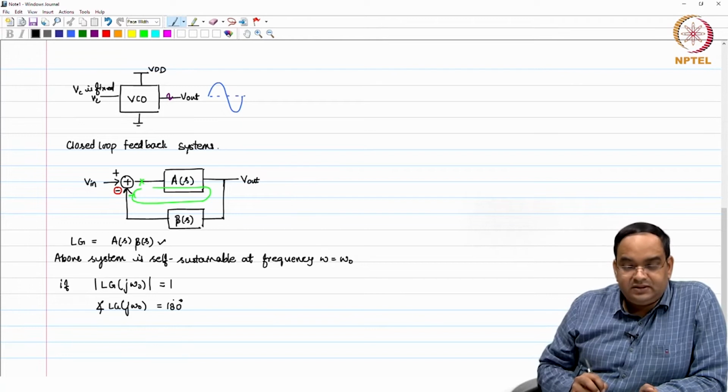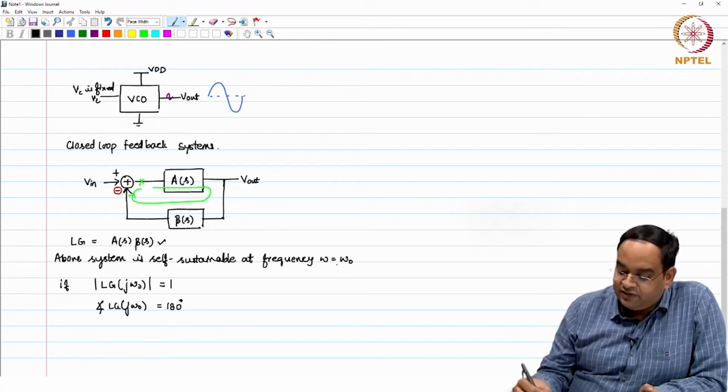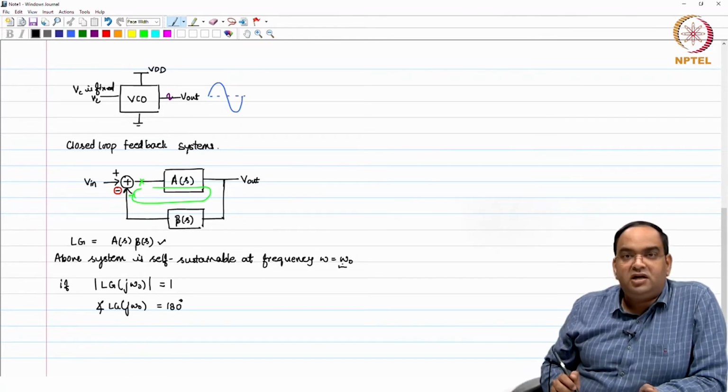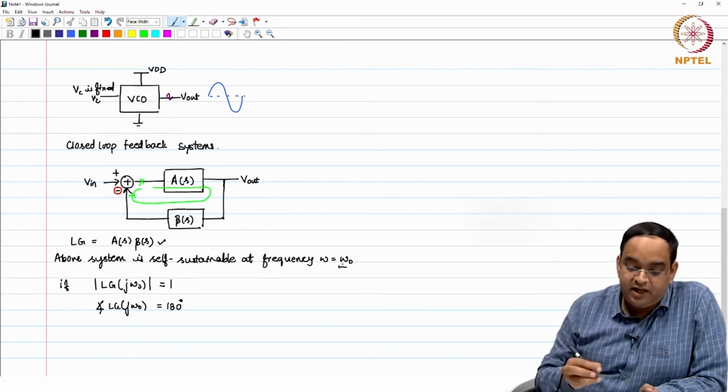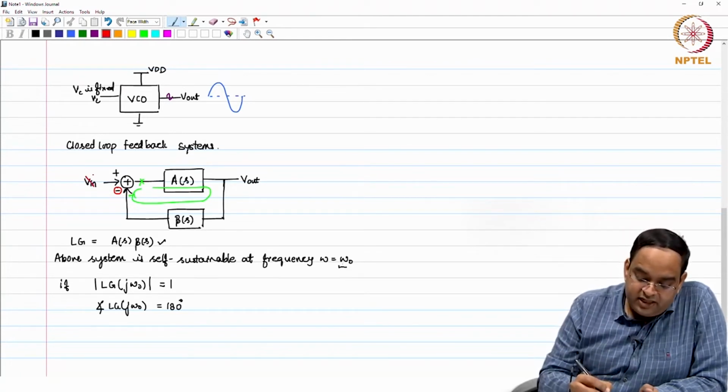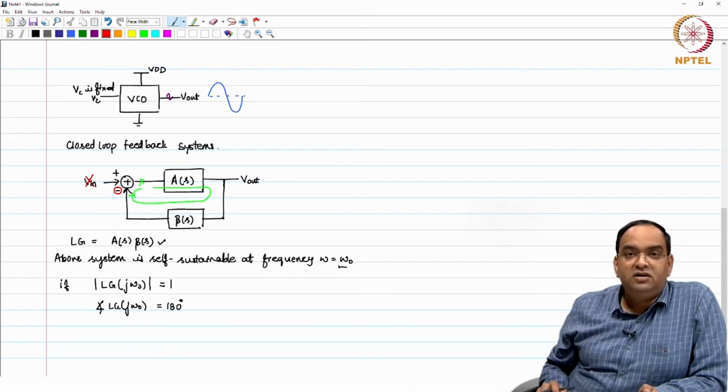If this happens, then you will have sustained oscillations at the output of the system at omega naught without any external input to the system.